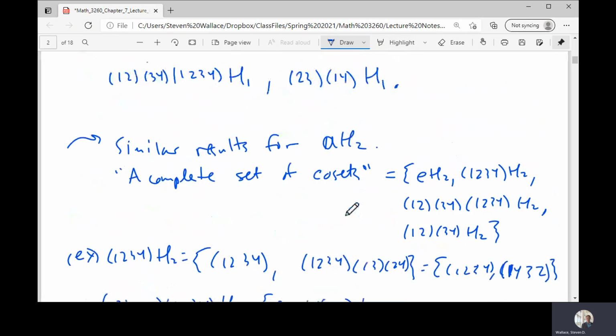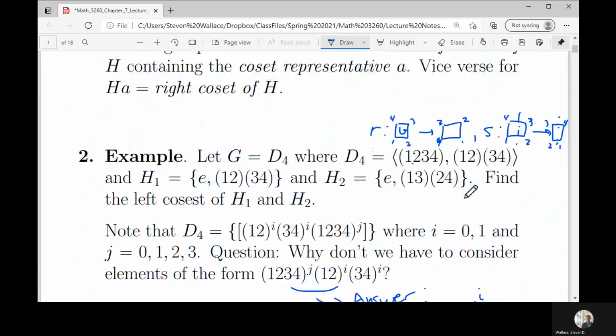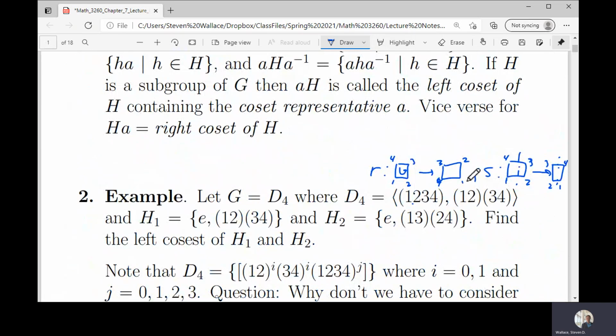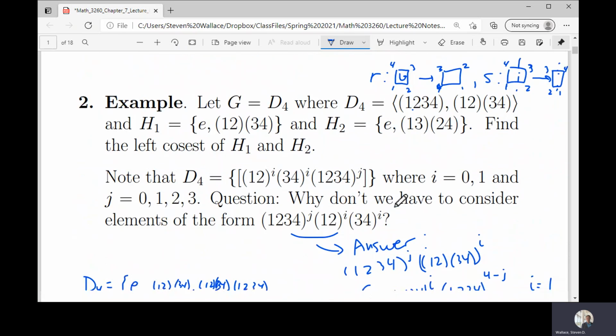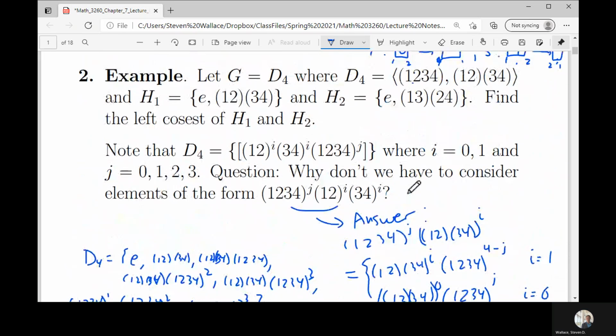So this is the symmetry, the diagonal, right? Okay. Sorry. 1, 3, 2, 4. Okay.